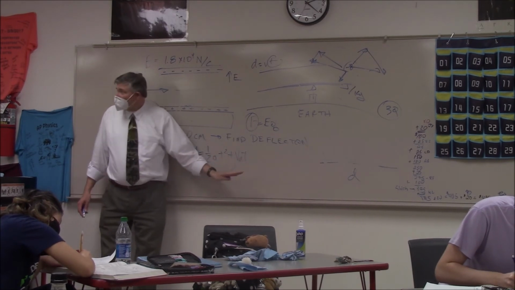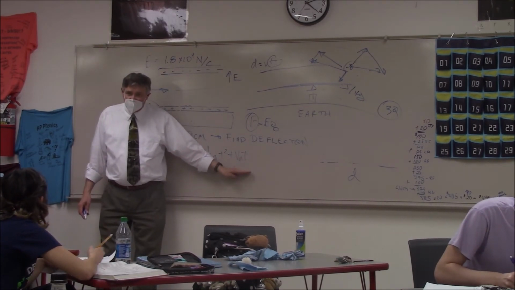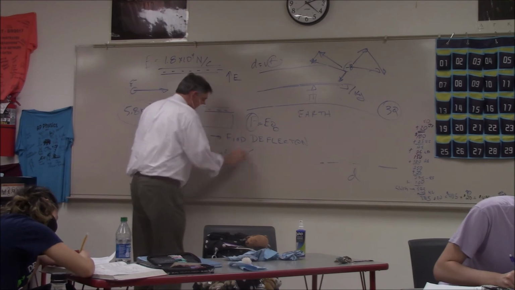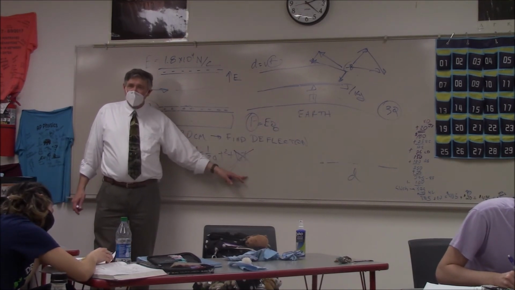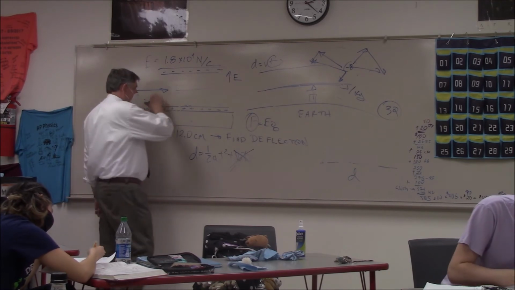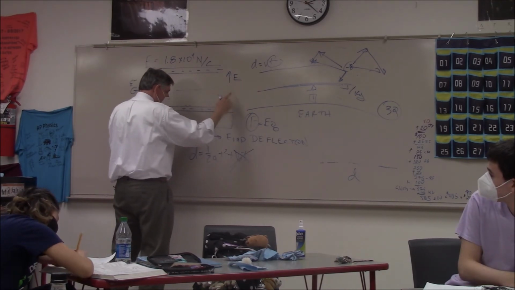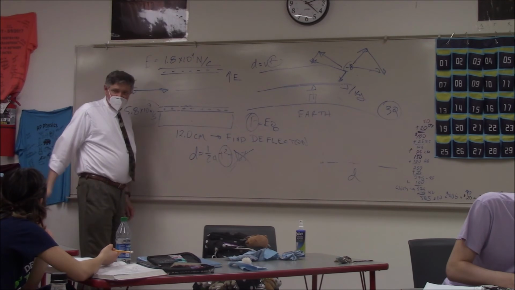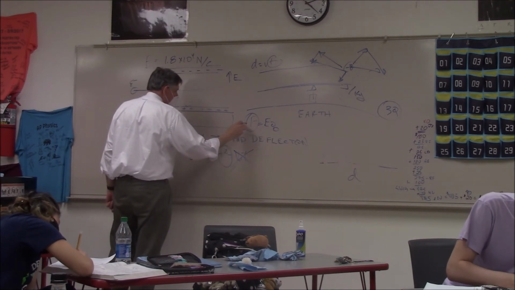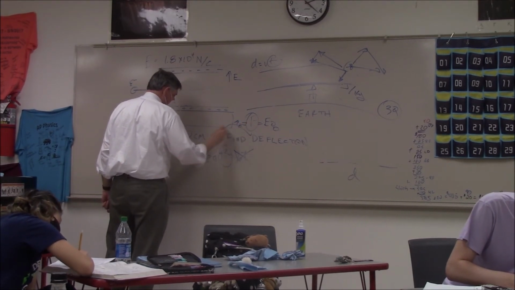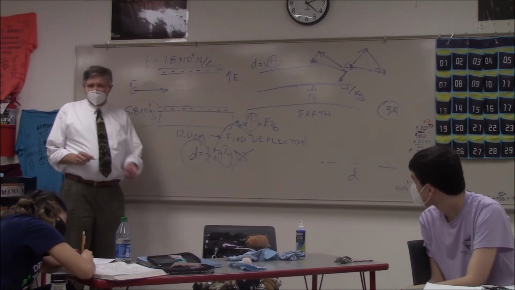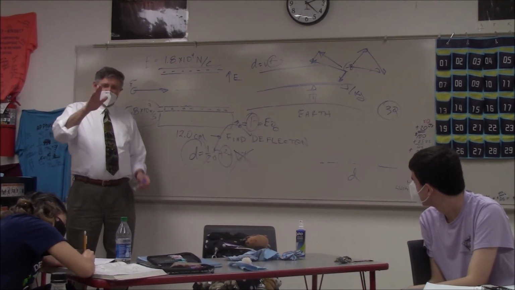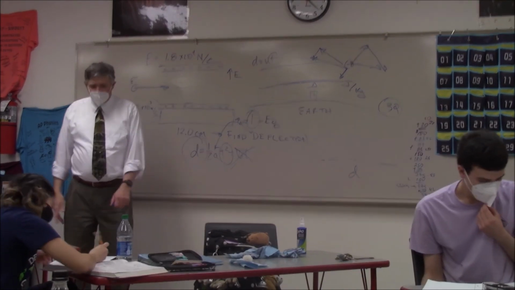Is there any initial vertical velocity? No. Don't take that and put that in there, okay? So, you have to figure out how long it's here. There's your time. F equals ma, there's your acceleration. You can figure out how far it's going to get deflected. Now, Mr. Carter, stop that, and then you all figure it out.